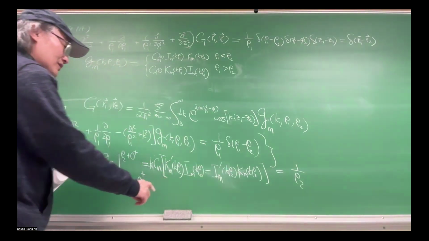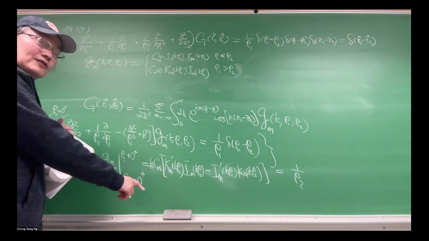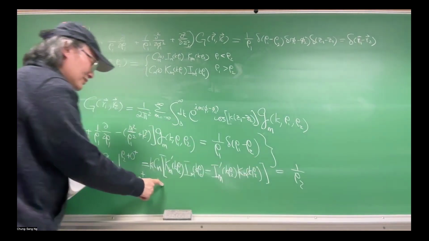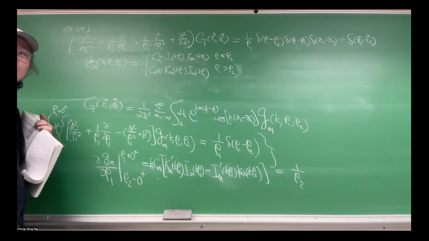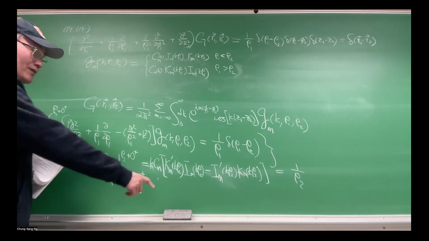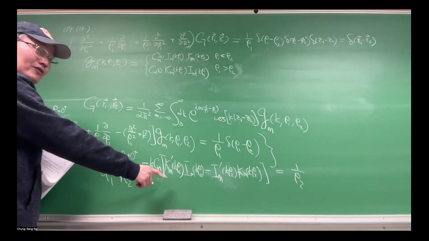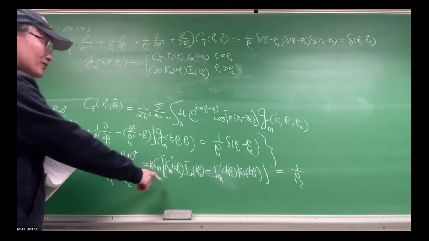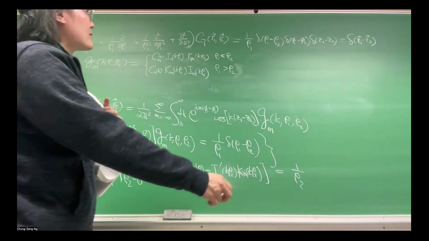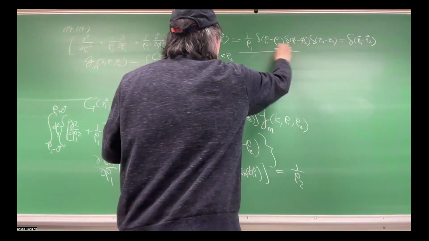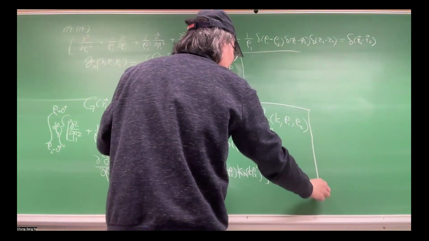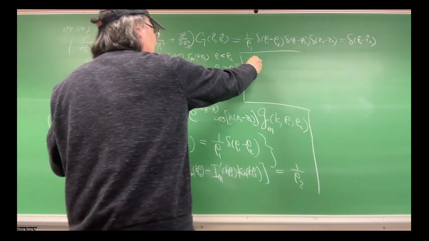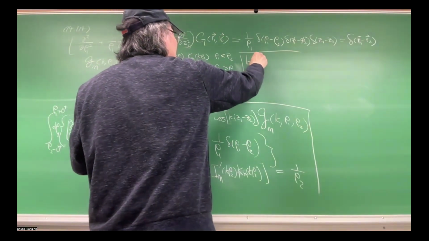Now you can identify this. You've seen this before. What is the square bracket? You've seen this before, in a few chapters back: the Wronskian, right? This is the Wronskian between I sub m and k sub m. Let's continue here. So this is k sub c sub m.